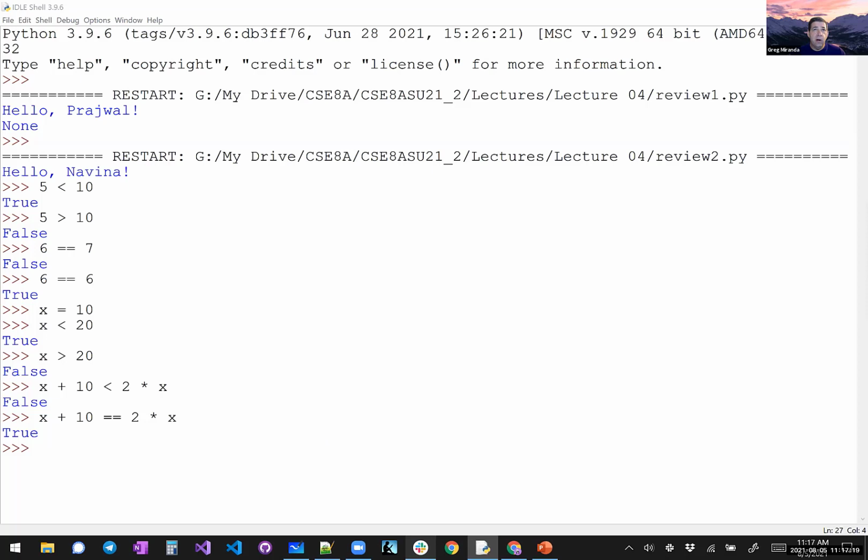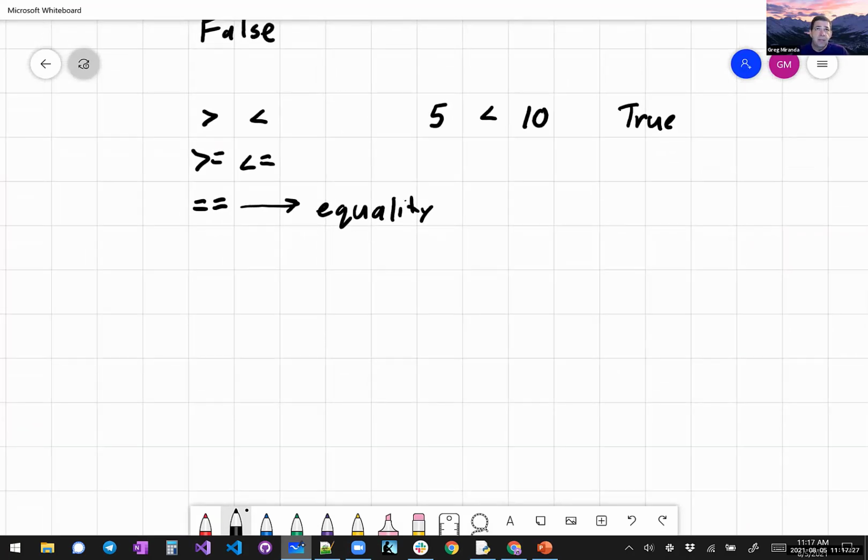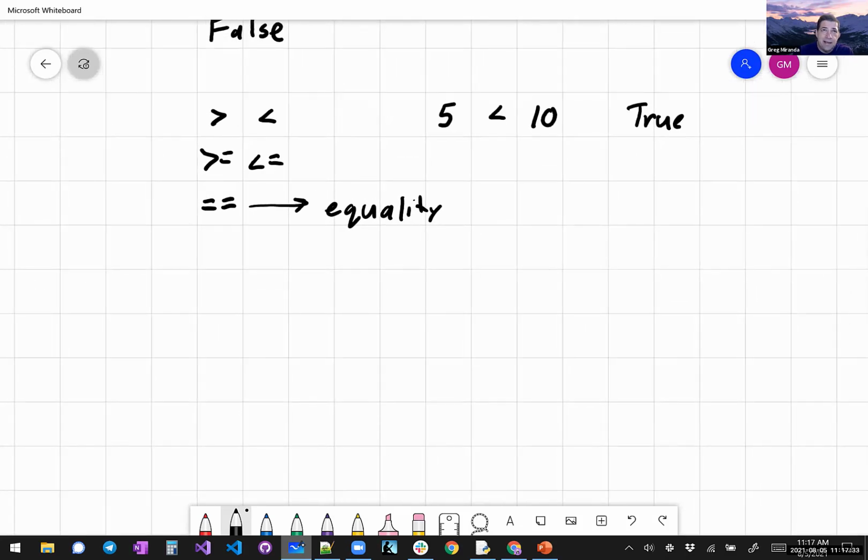We can do any combinations as well, right? We can build more advanced expressions, and we do that with combinators. We can combine things together, and there are two of them. The first one is and. With the combinator and, two things have to be true, not just one, for this to work.